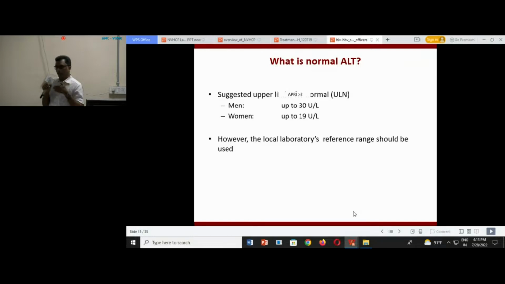After some time, when we came to know about cryptogenic infections and fatty livers, we thought that these fatty livers also cause inflammation, and probably the normal ALT and AST should be much lower than this. So regarding this, the American Association takes 23 for males and 19 for females. But for all public activity, we take it as 40 only.